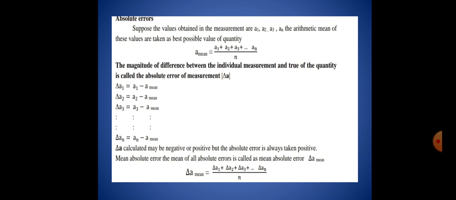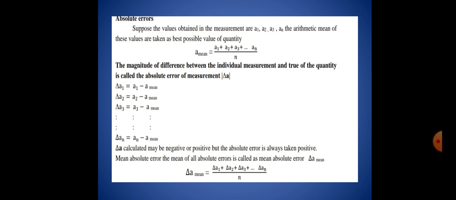तो ये absolute error यही बोलता है कि it's the magnitude of the difference between the individual measurement and the true, or you can call it the actual or the accepted value of the quantity. That is the absolute error of measurement. Okay, so arithmetic mean हम कब निकालेंगे?